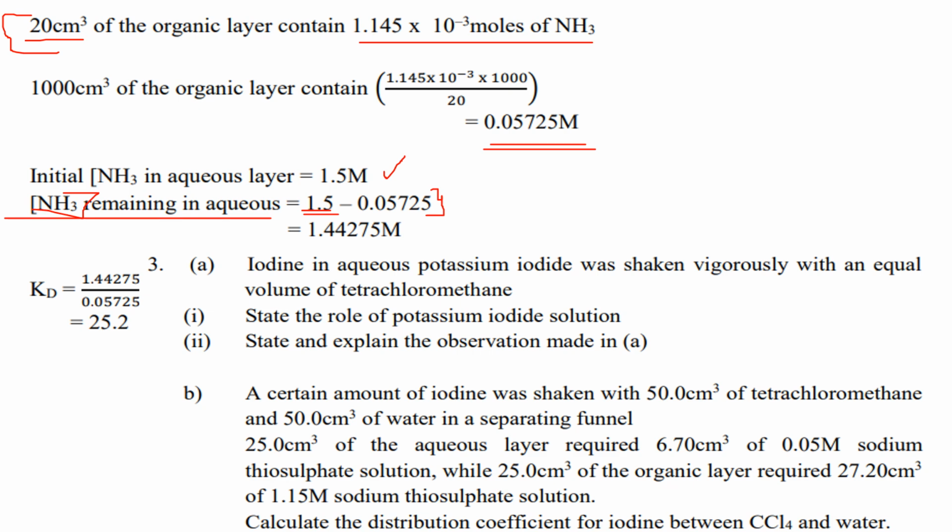This is the molar concentration of ammonia in the organic layer. To get the molar concentration of ammonia in the aqueous layer, you take the initial concentration of ammonia that we used and then subtract the ammonia that has dissolved in the organic layer. And the partition coefficient, we have already quoted the expression, so here you just substitute, or you can rewrite the expression once again, and then you express your answer to 2 or 3 decimal places, which in this case I got 25.2.